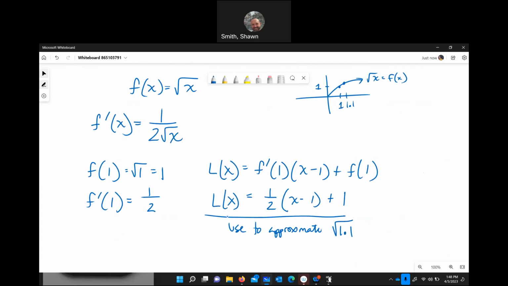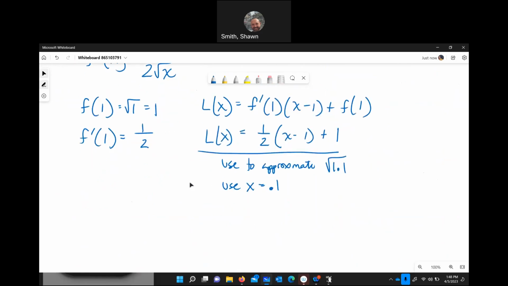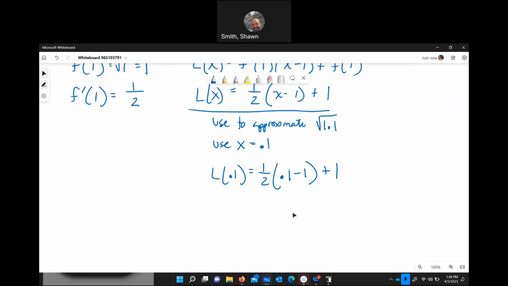How far is 1.1 from 1? That's our x. Use x is equal to 0.1, right? 0.1 minus 1 is negative 0.9.